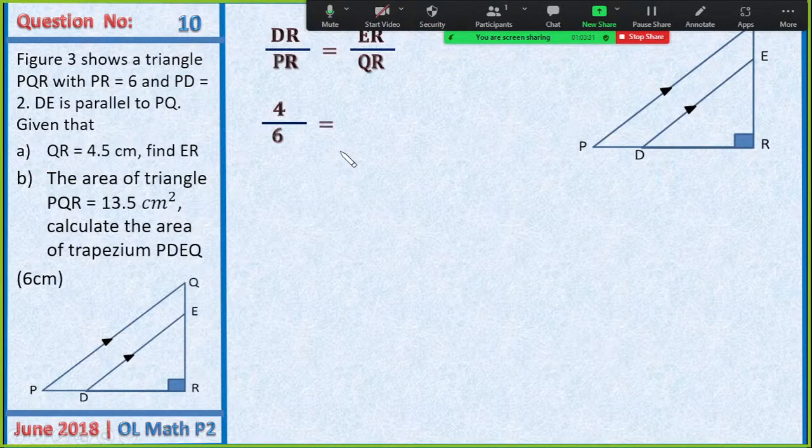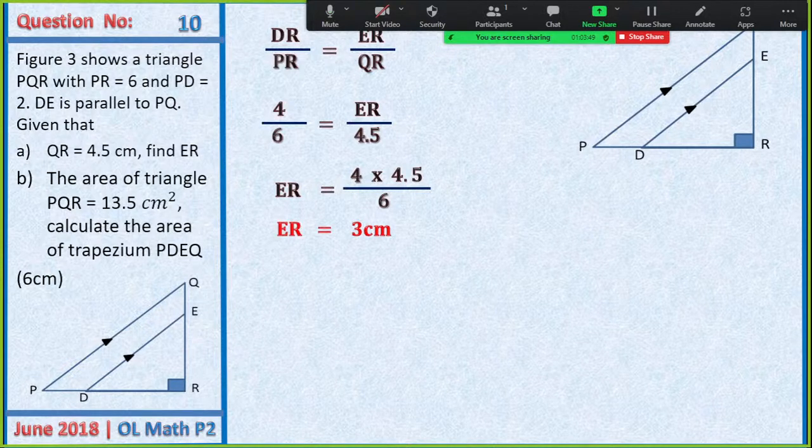Then for this other side, small triangle ER on the big triangle RQ, and our RQ is 4.5. So you can cross multiply, and our ER will be equal to 4 times 4.5 on 6, which is 3 centimeters. So ER is 3 centimeters.